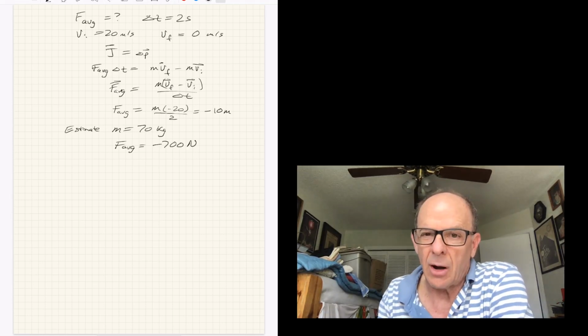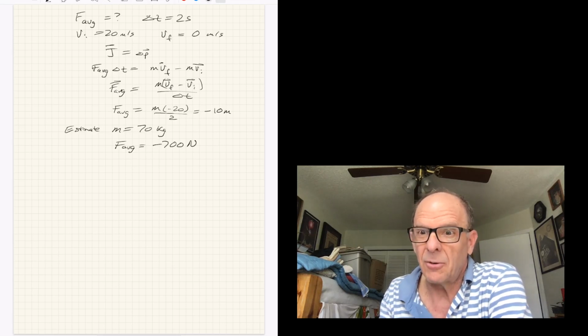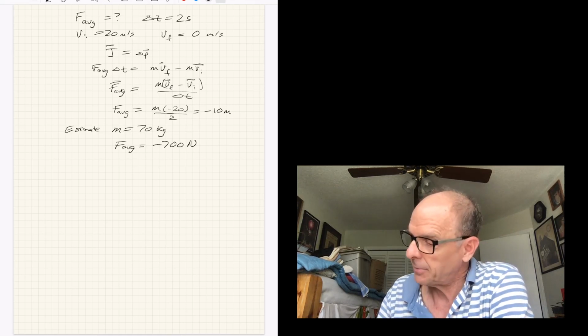We already saw that the acceleration was 10 meters per second squared. That's about g. M times g is your weight. So the average force acting on the driver in this particular case is about equal to the driver's weight.